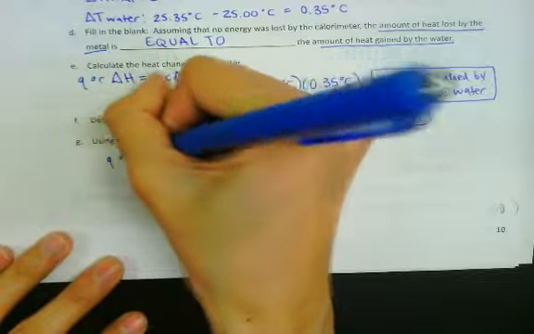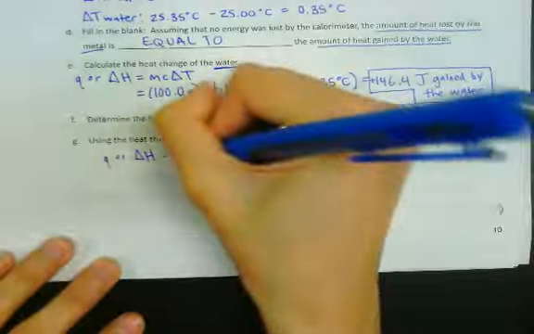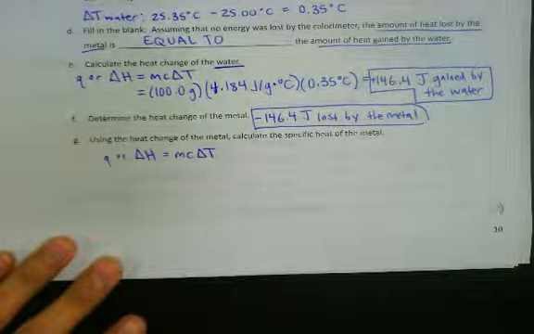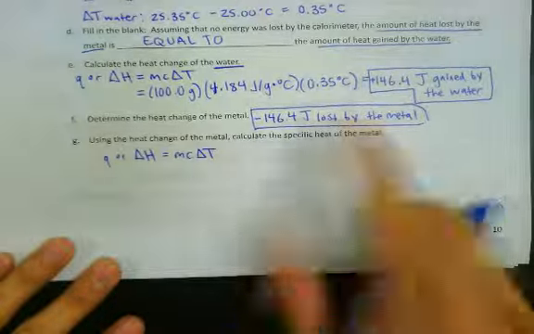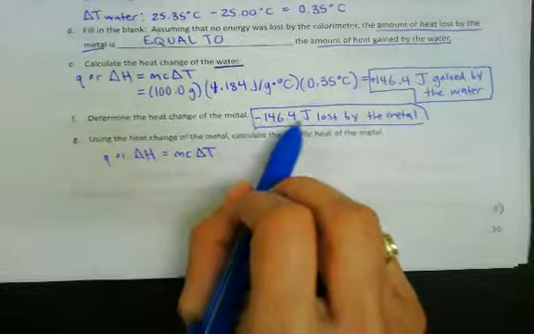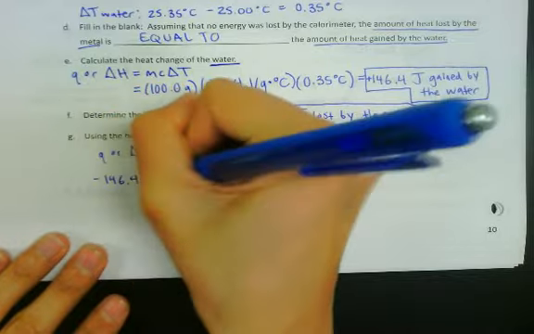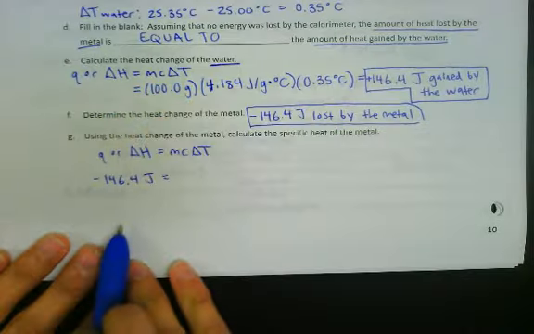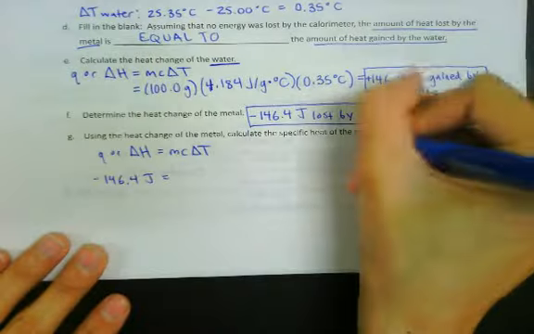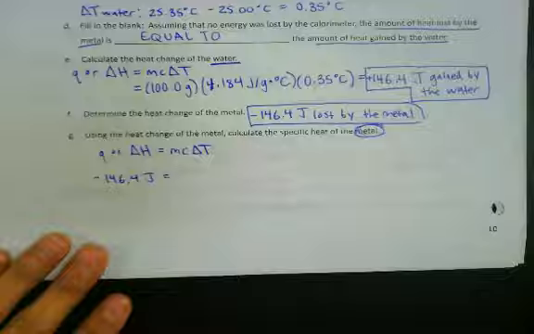So Q or delta H, however you want to phrase it here, that's equal to MC delta T. And in this case, we know the heat change, so we're going to plug that in over here. Remember, we're looking at the metal now.